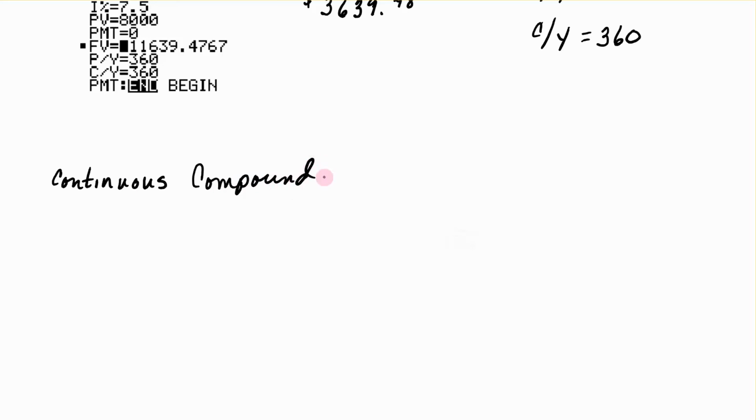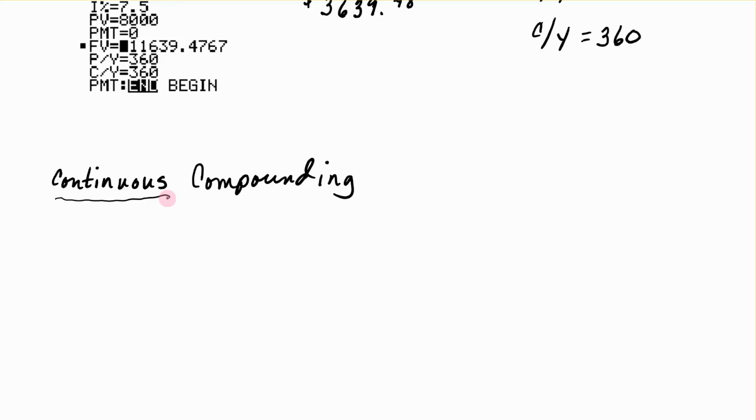And this formula actually involves a little calculus to get a hold of. We're not going to go over the derivation, but I'm going to give you the formula for continuous compounding. Now, you'll notice it will literally say the word continuous. And it is different than monthly or quarterly.